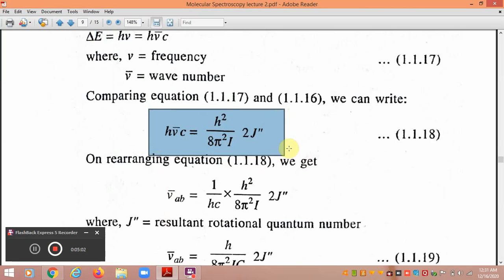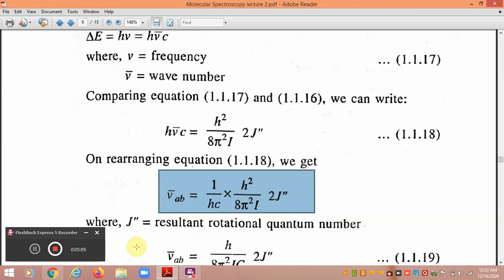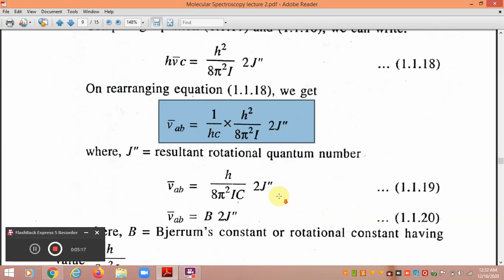By dividing this equation by h c on both sides, we have the equation for the frequency in terms of wave number as 1 upon h into c into h square upon 8 pi square into I into 2 into J double prime. One h will get cancelled, so there will be only one h: h upon 8 pi square I into c into 2 into J double prime.